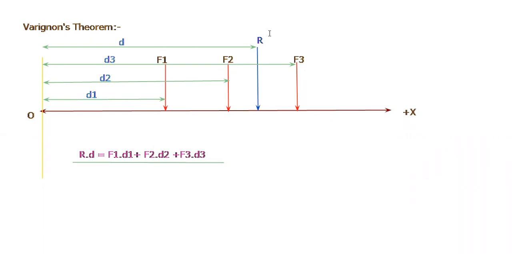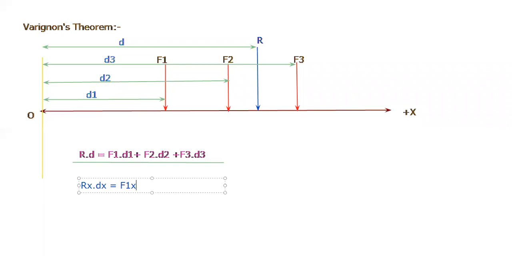We will again write this expression. If your forces are split, then Rx into dx, that is the component of the resultant in the x direction multiplied by the distance of that point O from the component in the x direction, that is dx, is equal to F1 into x.